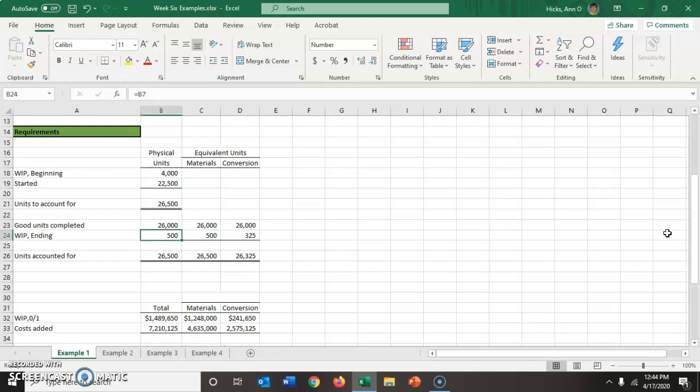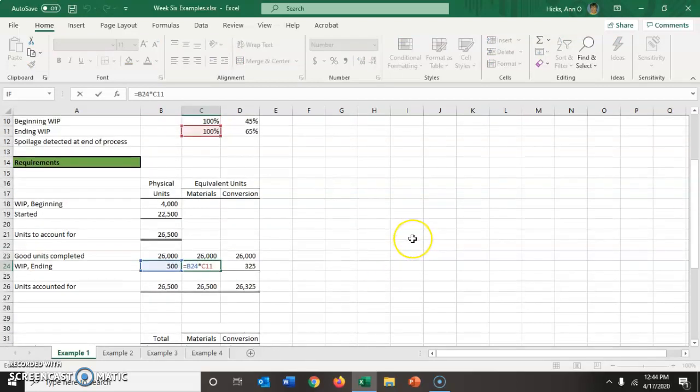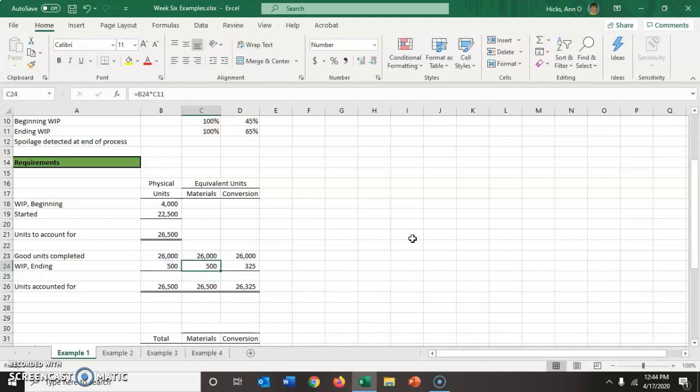Ending WIP is another story. Those units are not complete. Now, we know that they are 100% complete as to materials because we're adding materials at the beginning of the process. So physical units as it relates to materials and equivalent units are the same. However, they are only 65% complete as it relates to conversion costs.